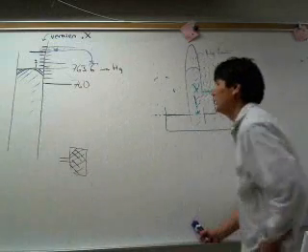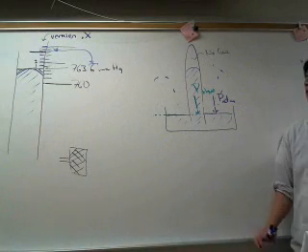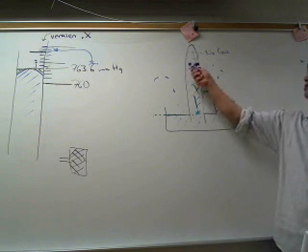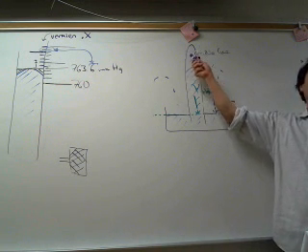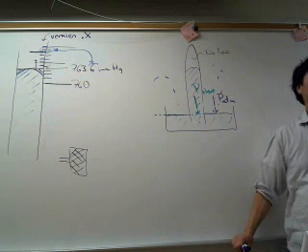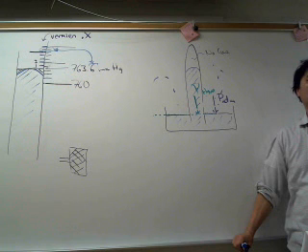Well, we have to talk about a couple of things that I'm oversimplifying. One is, is there really no gas in here? No. What gas might there be in here? Mercury vapor.